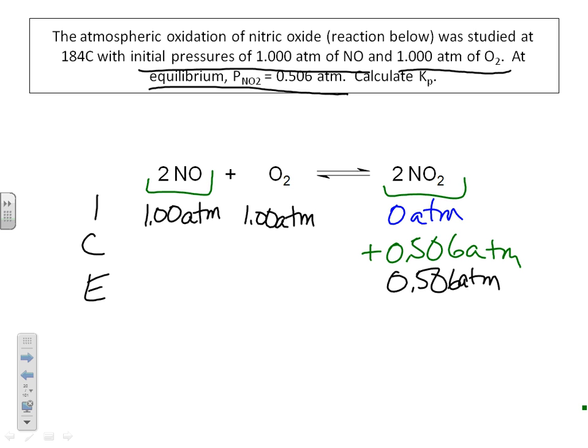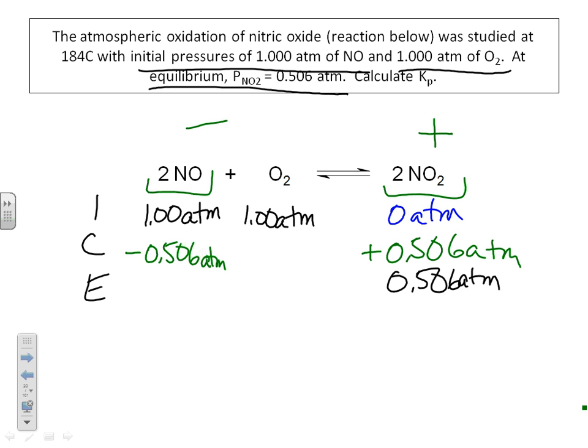So if I added 0.506 atmospheres of NO2, I must have gotten that by subtracting 0.506 atmospheres of the NO. It's the same numeric value because their coefficients are the same. They're in a 1-to-1 or 2-to-2 relationship. Now remember, we're subtracting reactants. We lose reactants, we gain products. So we're subtracting on this side and we're adding on this side.